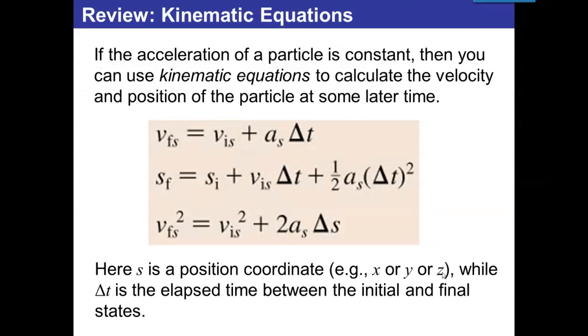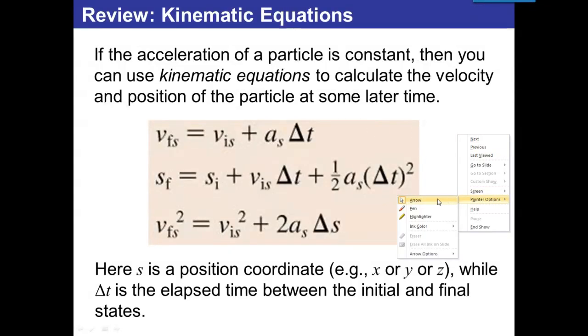You can use calculus to derive these. If I have some initial velocity of that particle, I can take the acceleration of the particle in that component direction here. S is either x or y or z, just a component of that.